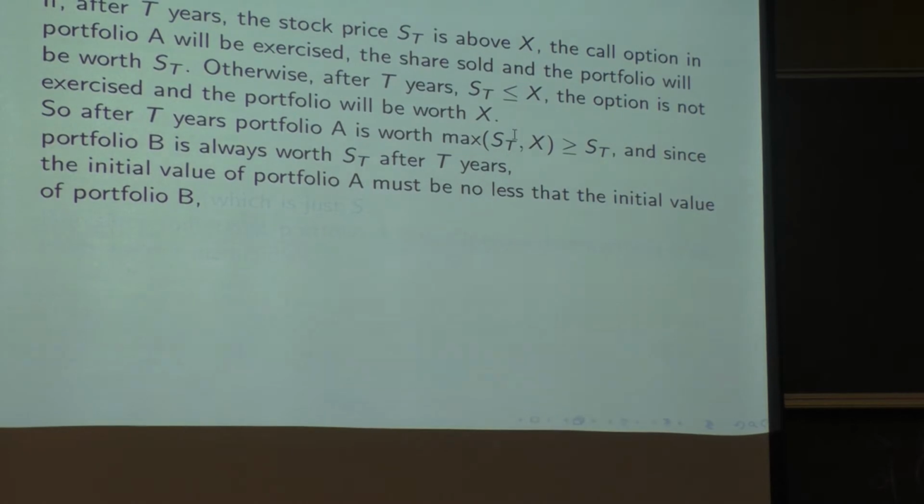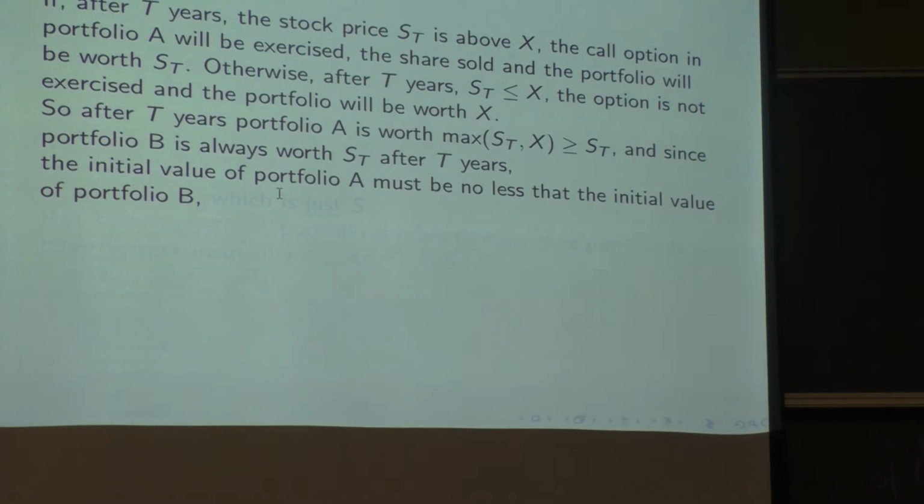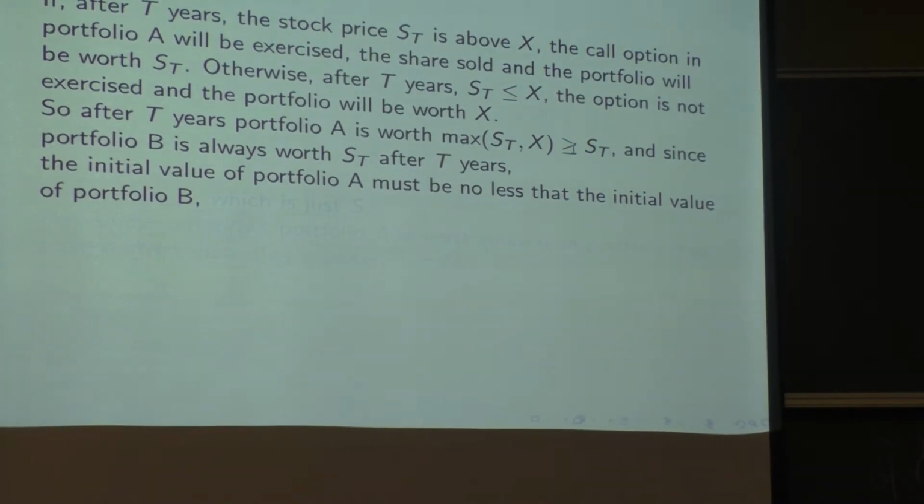ST is what the underlying asset is worth at time t. Okay, so portfolio B is worth ST at time t, and portfolio A is worth at least ST at time t.